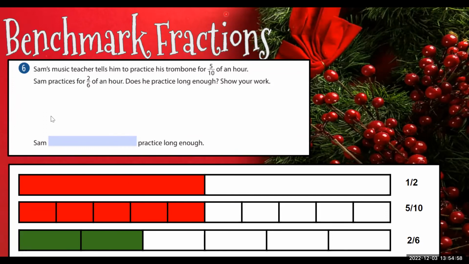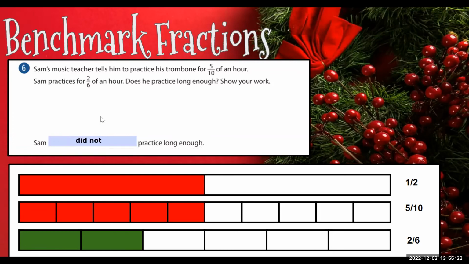And for this particular strategy, I did not need to use scratch paper. I just needed to use mental reasoning to explain that 5/10 is equivalent to half, but 2/6 is not equivalent to half. It's less than half. So that means that Sam did not practice long enough on his trombone.